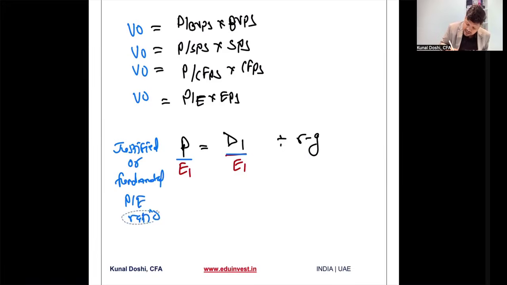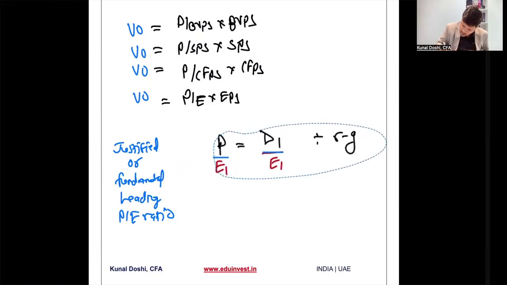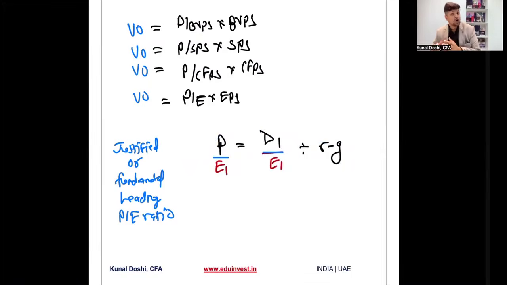So I will say this is the justified fundamental leading PE ratio. Why is it called that? Because have I used the actual price? No, I've used Gordon's growth price. So the final version of it is price over expected earnings, that is the justified leading PE ratio.